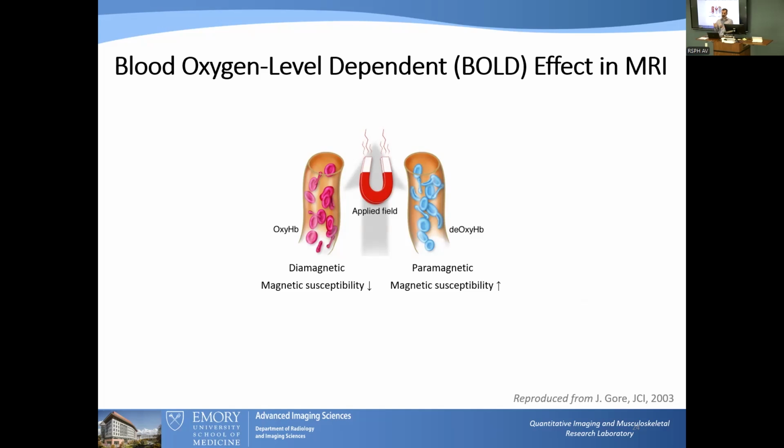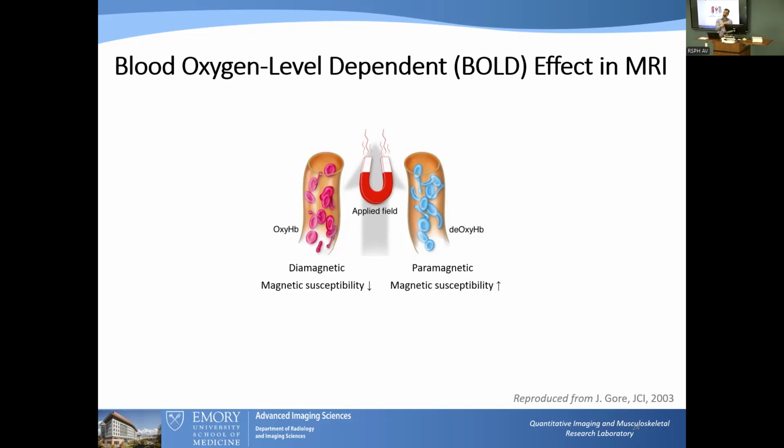It's way more general in terms of the fact that it's really sensing the difference in the magnetic susceptibility of hemoglobin in circulation. So when hemoglobin has oxygen bound to it, it is actually a diamagnetic material, meaning that it's not going to really have a big impact on the local field of water molecules that are in its vicinity.